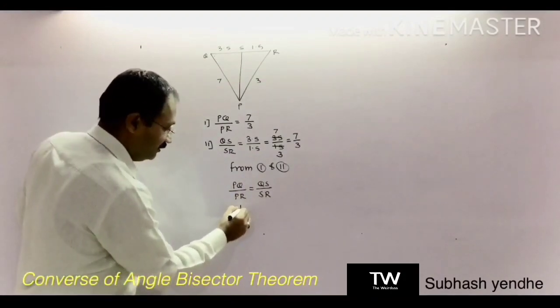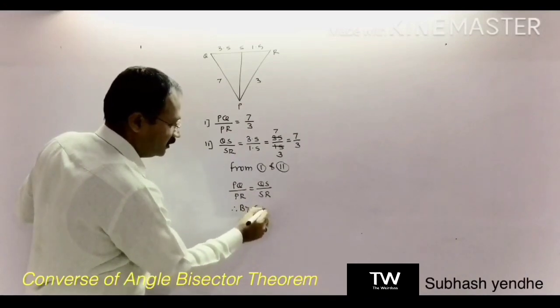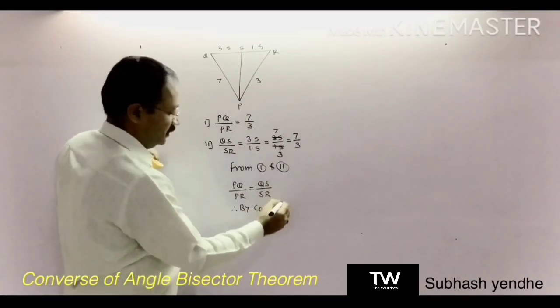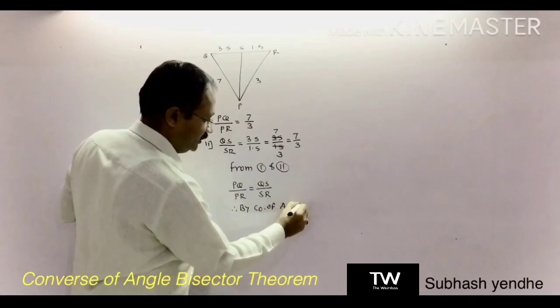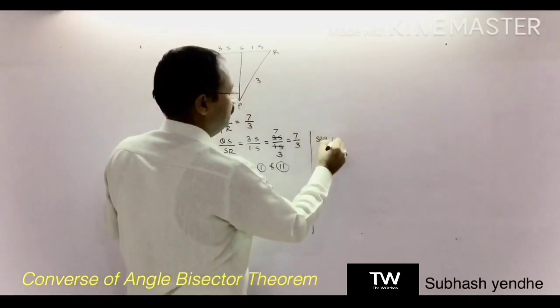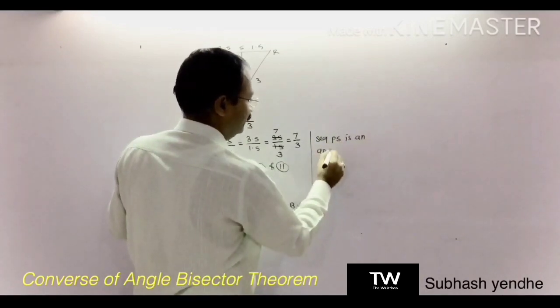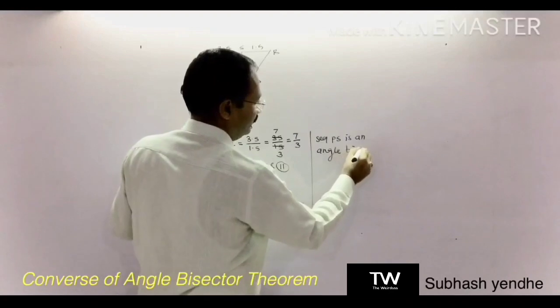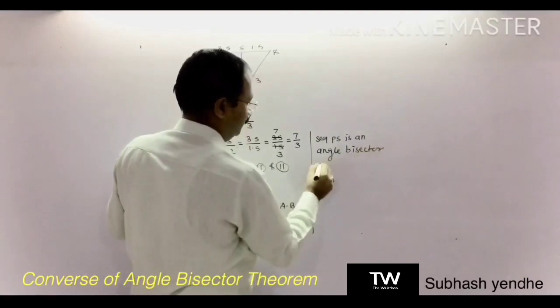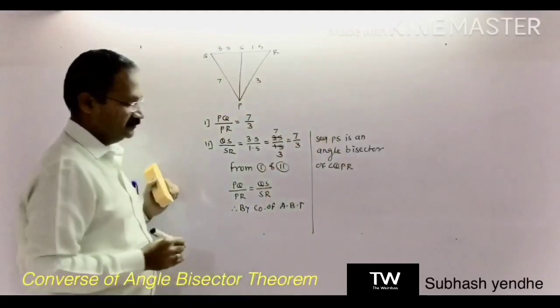Then we can say that by converse of A.B.T, segment PS is an angle bisector of angle QPR.